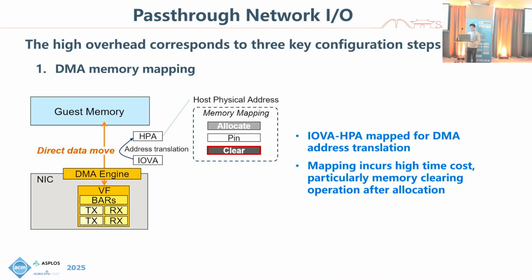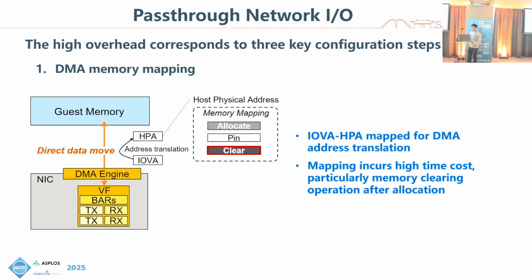By further analyzing the breakdown, we identified 3 key configuration steps of Passthrough I/O that lead to the high overhead. The first is the memory mapping configuration for DMA. As we have mentioned, to directly move the data between the network interface card and the guest memory, it involves translating the address visible to the device, which is called IOVA, to the host physical address.